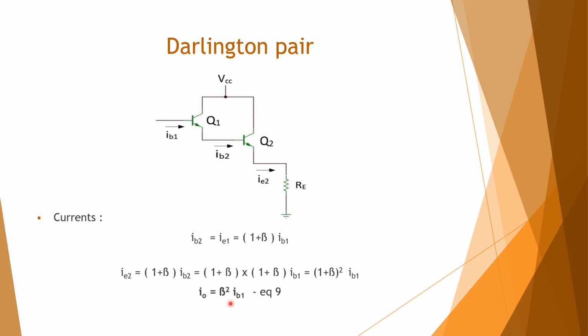So I0 becomes beta square IB1, that's equation 9. Suppose beta is 100, then beta square becomes 10 raised to 4, a big value, so we are getting a big current gain at the output because of this Darlington pair.